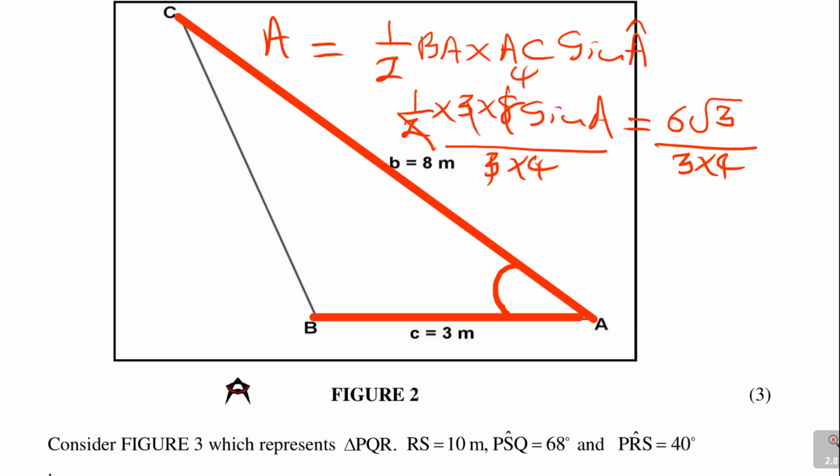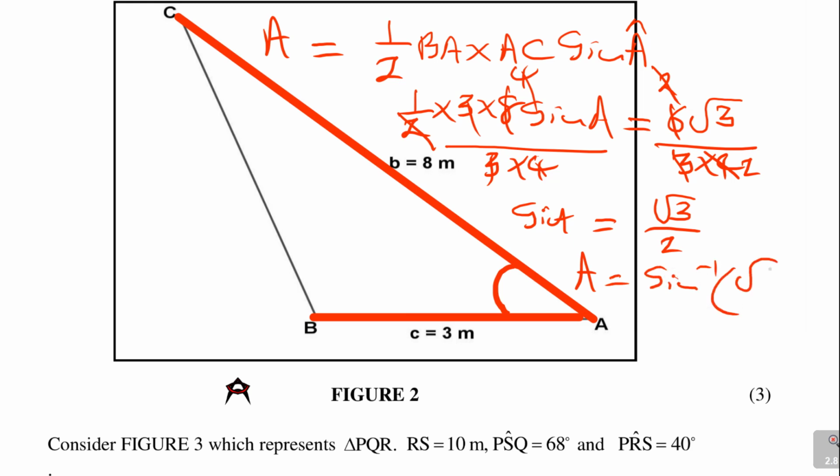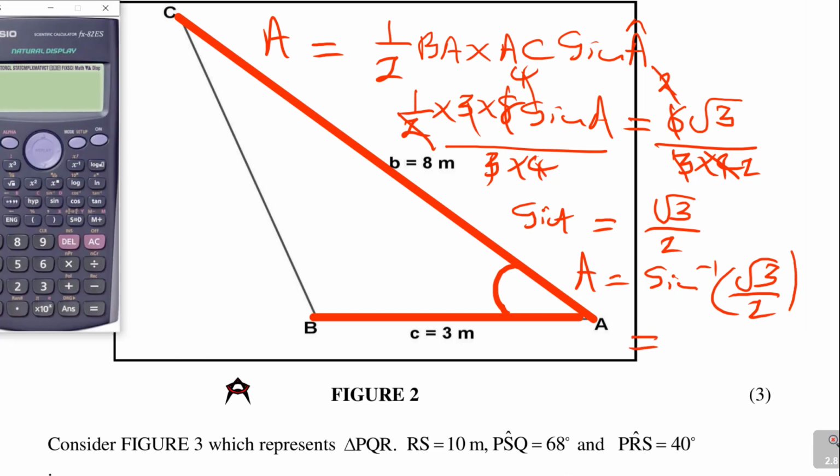When you do that, you've got sin A is equal to this. 3 into 6 is 2. Am I right? And then 2 into 4 is 2. So it's square root of 3 over 2. Now, what is A? A is equal to arc sin square root of 3 over 2, which I think is between 30 and 60.